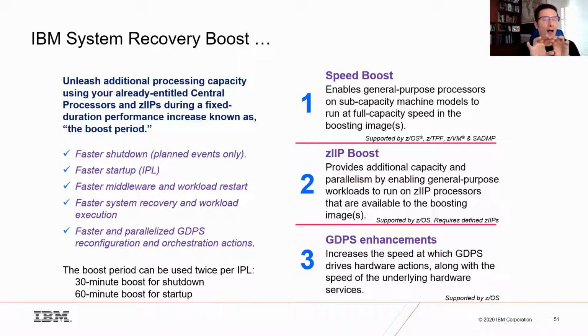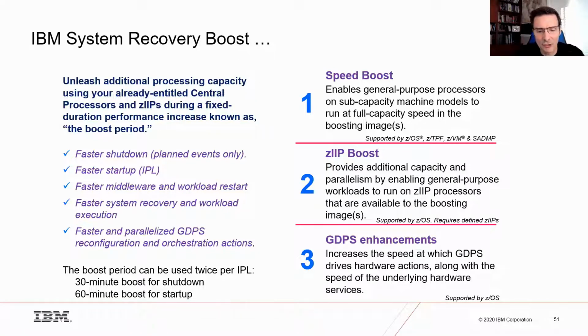This is a blurring of what a general processor and a zip processor are during this boost period, and I can avail myself of a larger pool of processors. Imagine I have workload in starting zOS that only runs on GPPs. During this boosting period, it can also run on zip engines, giving you increased parallelism in how many processors I have available to recover more quickly.